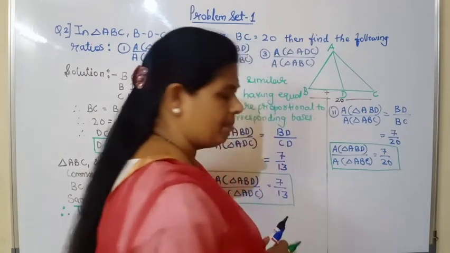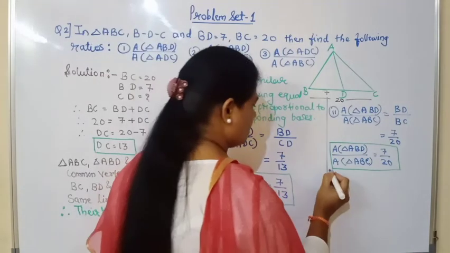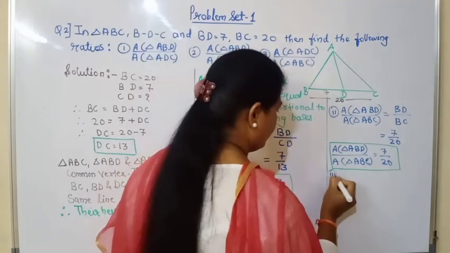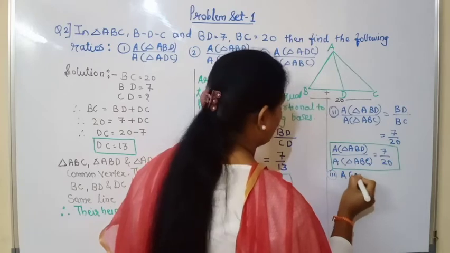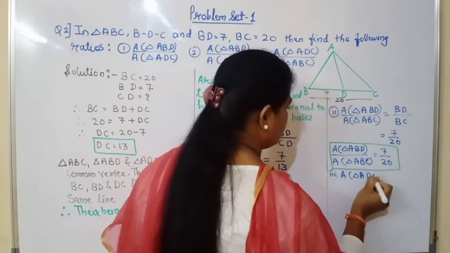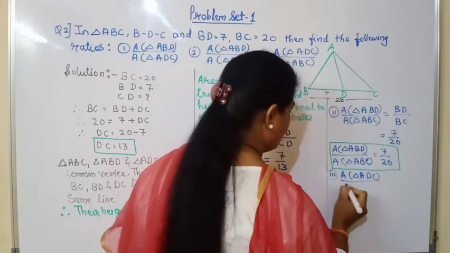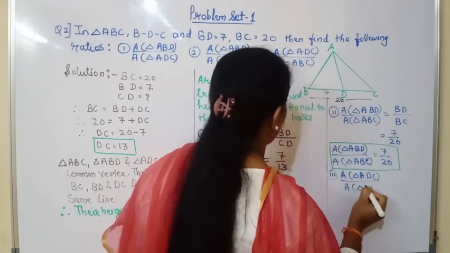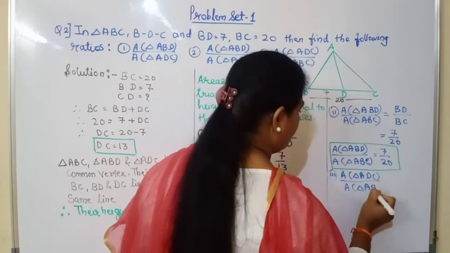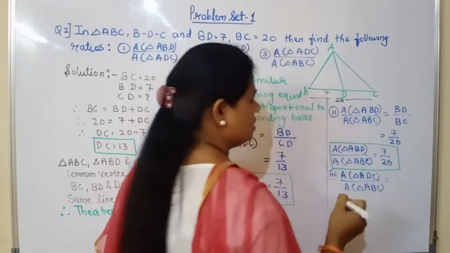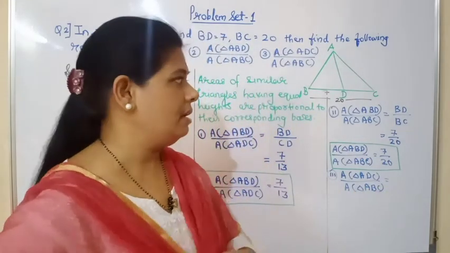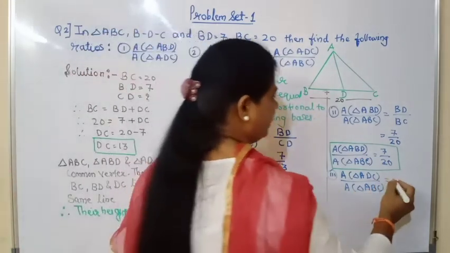What is given as number 3? Number 3 is the area of triangle ADC upon area of triangle ABC. See now, what is the base of ADC? The base of ADC is CD.